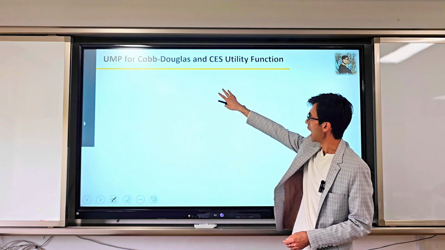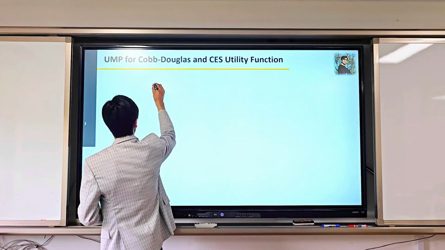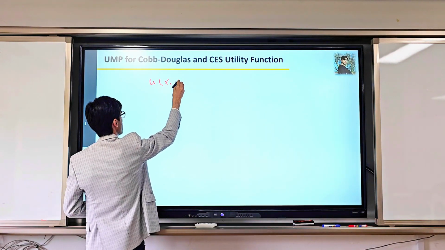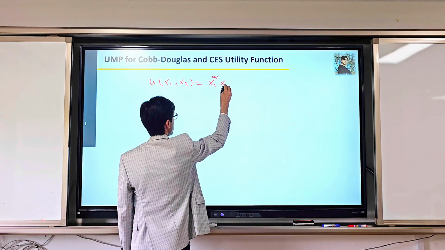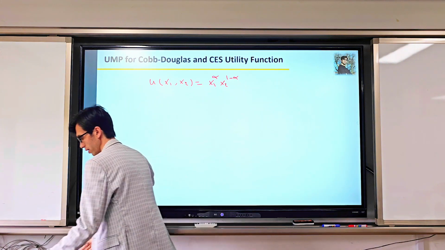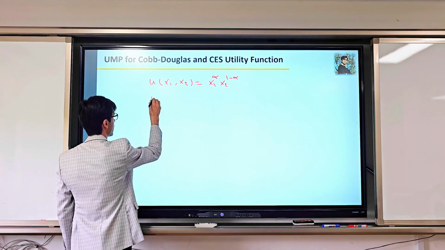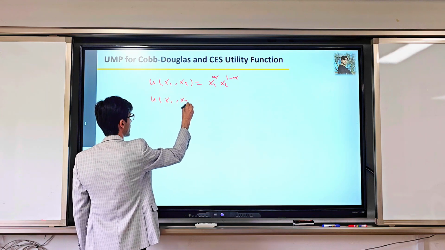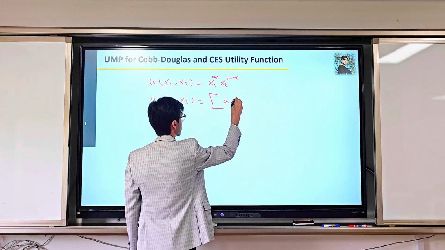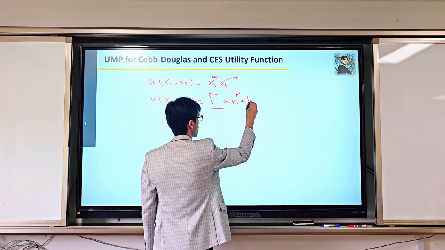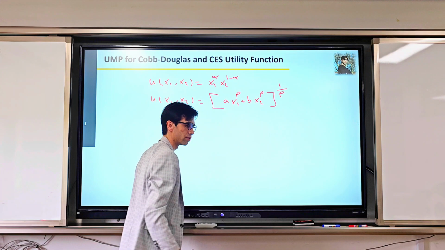So the first one, if we have a Cobb-Douglas or CES type of utility function, for example, u(x1, x2) is equal to x1 to the power of alpha, x2 to the power of 1 minus alpha, and also if we have a utility function, for example, u(x1, x2) equal to (a x1 to the power of rho plus b x2 to the power of rho) whole to the power of 1 over rho.